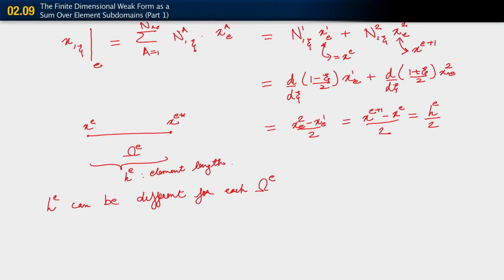We don't need a uniform discretization. This allows us to have a non-uniform discretization, and straight at the very outset, it's an important property of finite element methods.